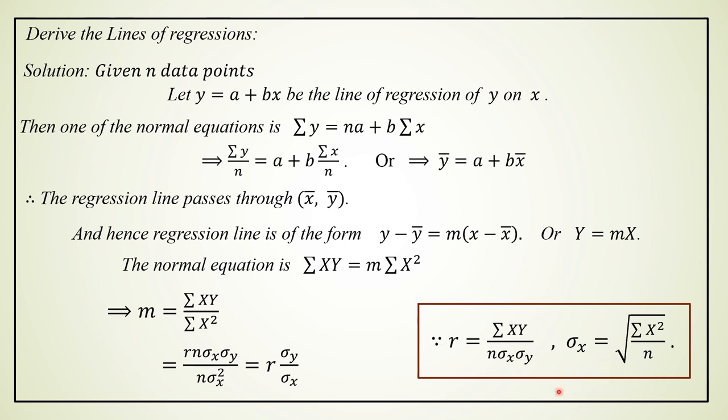Let me use these two formulas so that I can rewrite summation of xy as r into n into sigma x into sigma y, and summation of x square as n into sigma x square. So n and sigma x get cancelled, and you have m is equal to r into sigma y by sigma x. Let me substitute the value of m in the regression line y minus y bar is equal to m into x minus x bar.